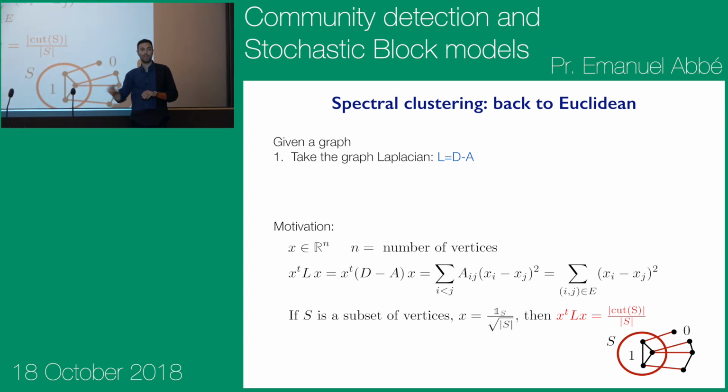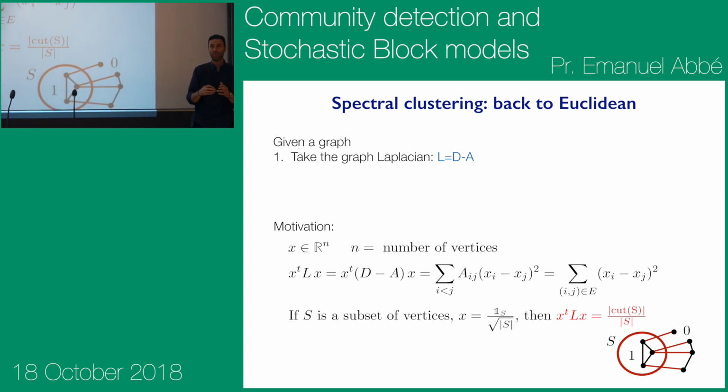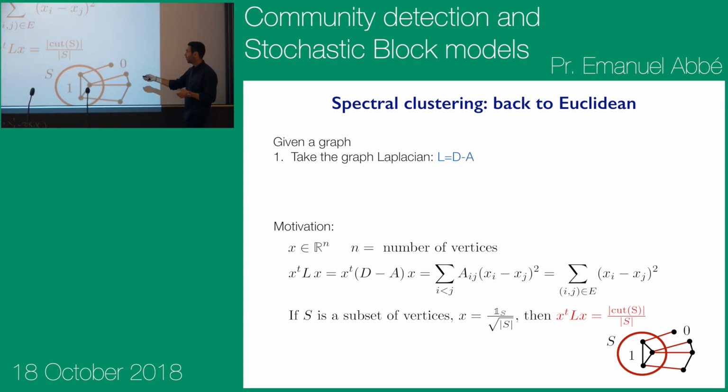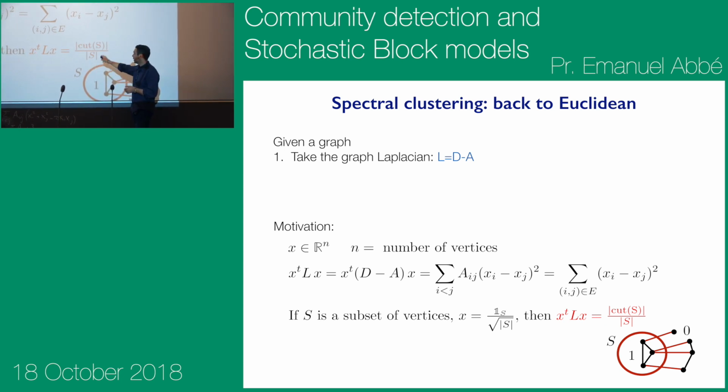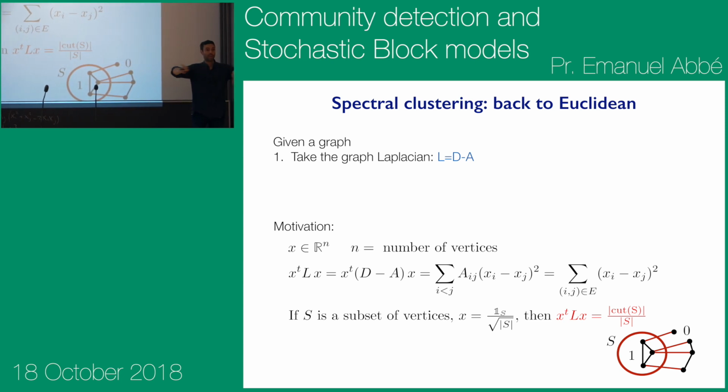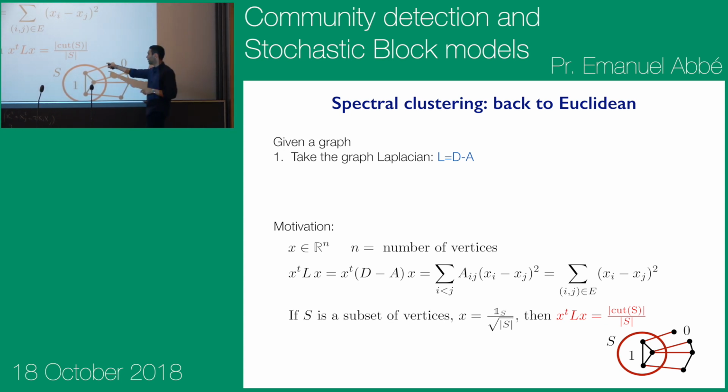When I said we want to separate vertices that are dissimilar, but we also want to group similar vertices, both of them are captured here. Because if you have an x that makes this score low, it means there are few edges crossing your set. So that's good. That means we are separating groups by as few edges as we can. But we are also penalizing you for trying to pick sets that are too small.